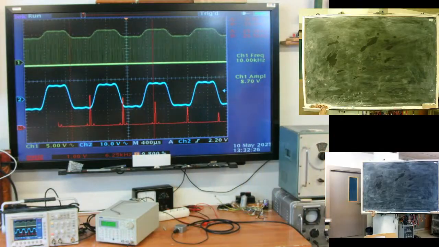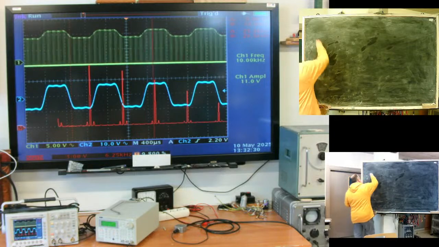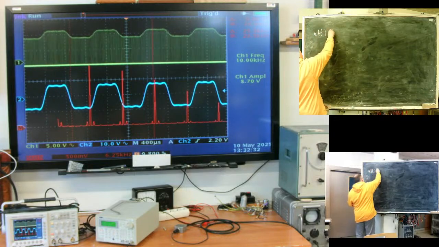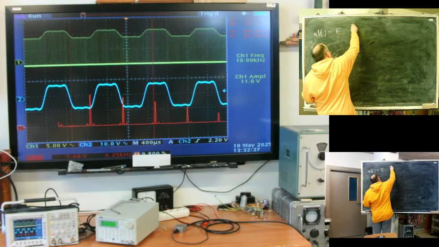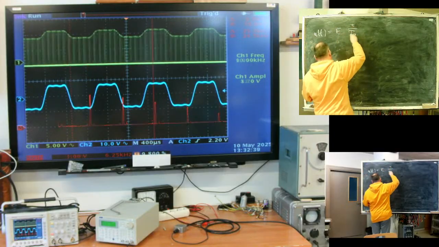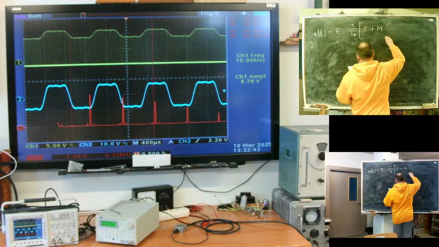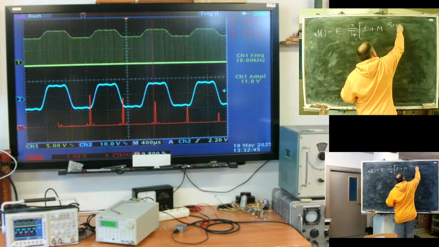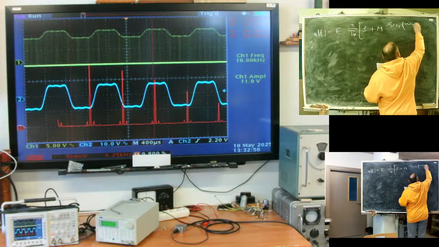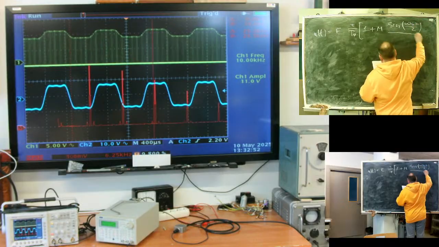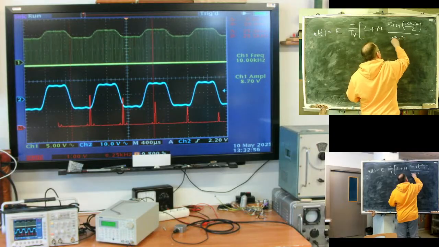Just for knowledge, spectrum of such signal, I can substitute it with the following row. Tau divided by T0, times 1 plus m sine omega s tau by half divided by omega s tau by half.